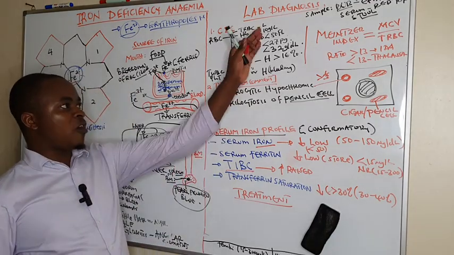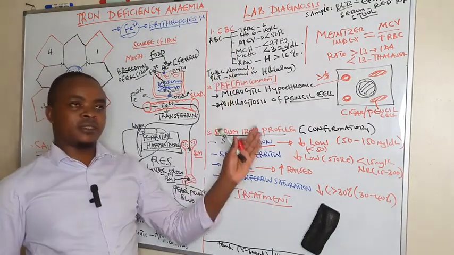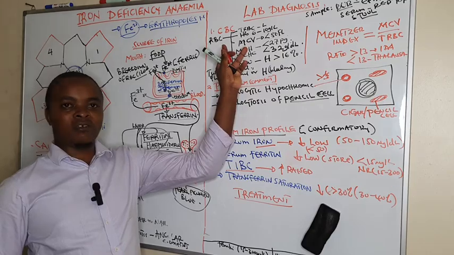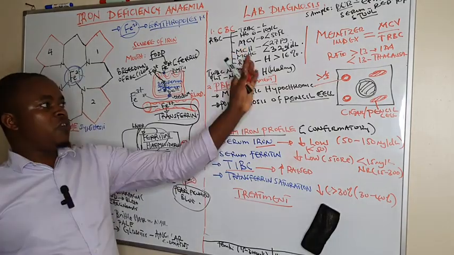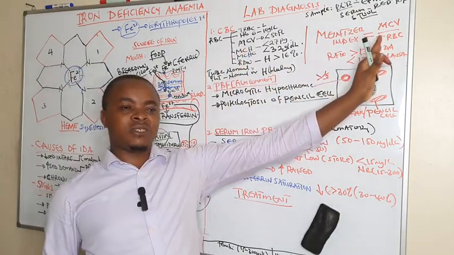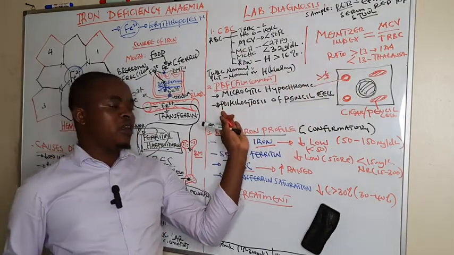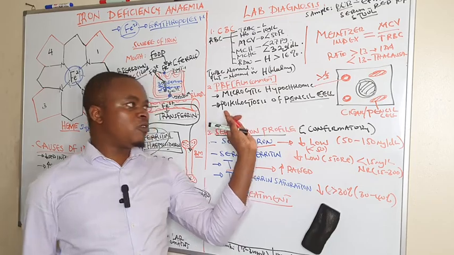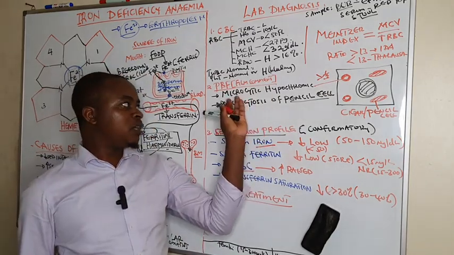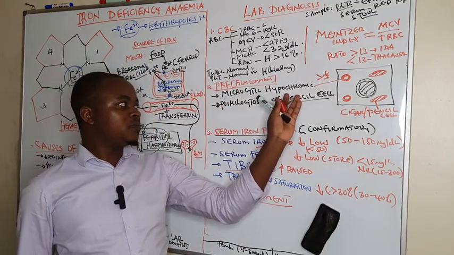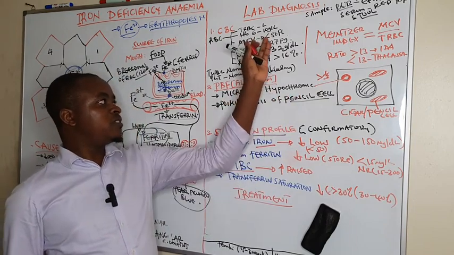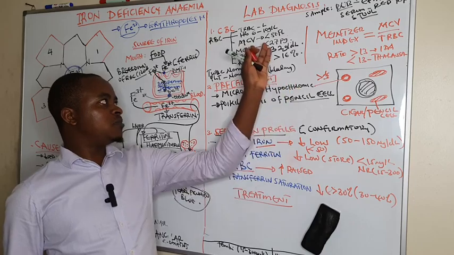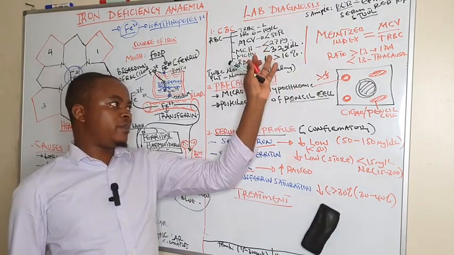So this is the lab diagnosis. In the lab diagnosis, we talk about the CBC, complete blood count. We have even gone ahead to do Mentzer index on the CBC. Then we have seen the PBF, that is peripheral film comment, whereby you have seen microcytic hypochromic cells. Microcytic because MCV is low, hypochromic because MCH and MCHC are low.